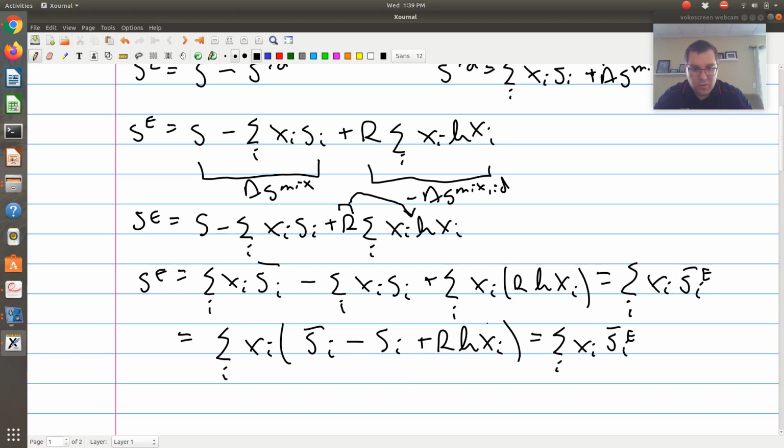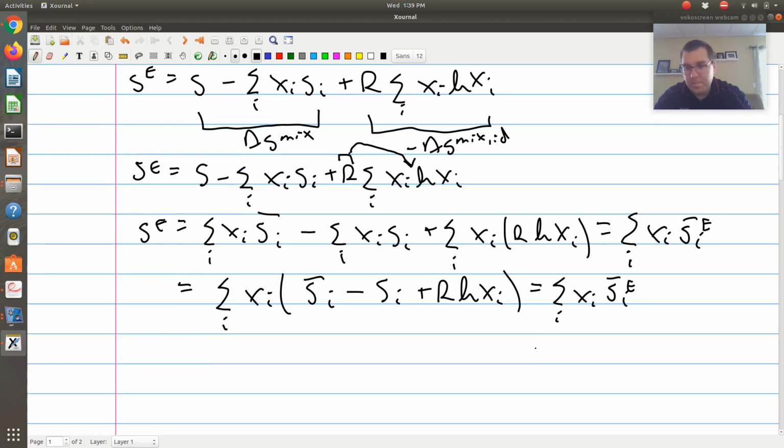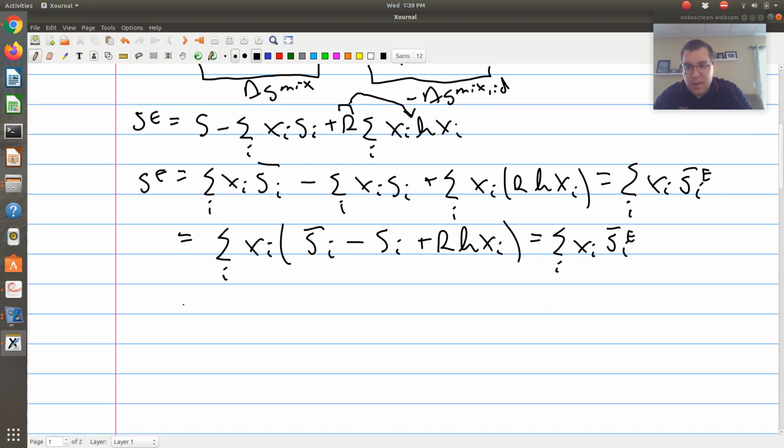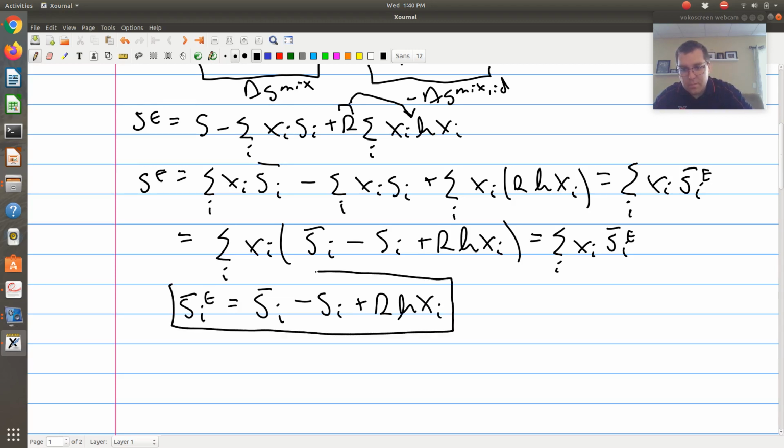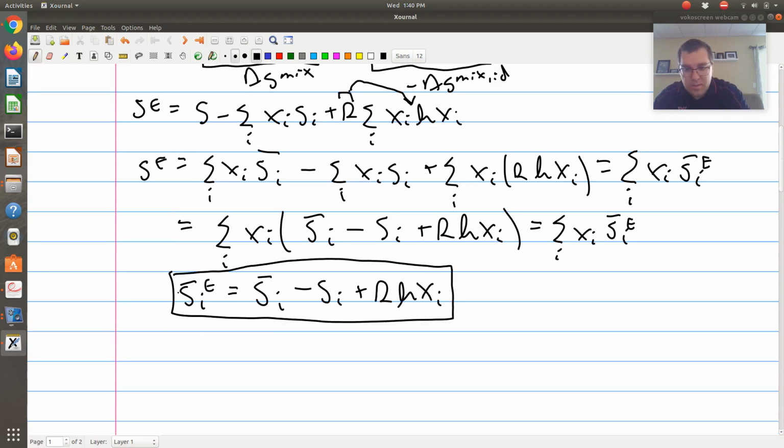So for these two expressions to be equivalent, it must be that s-bar_i^E is equal to s-bar_i minus s_i plus R log x_i. So that's route 1.